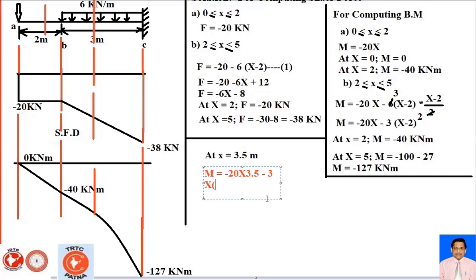times, and this value is 3.5 minus 2, that is 1.5 squared.